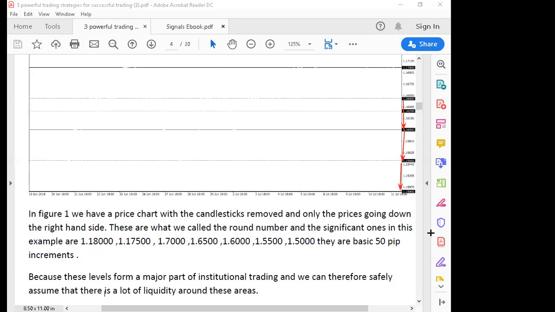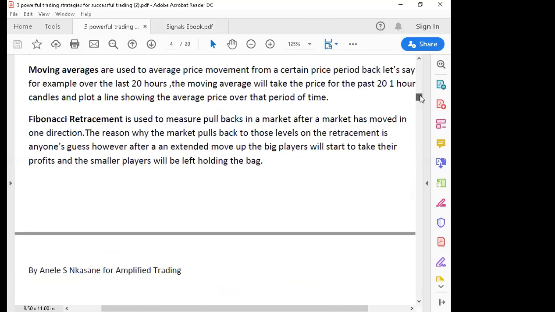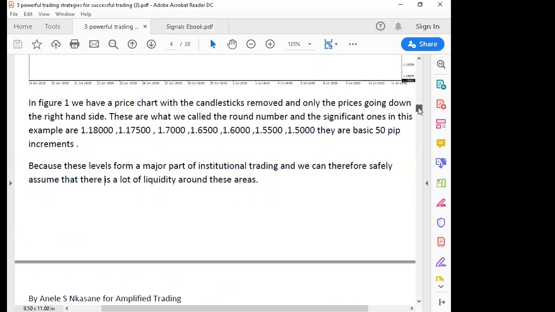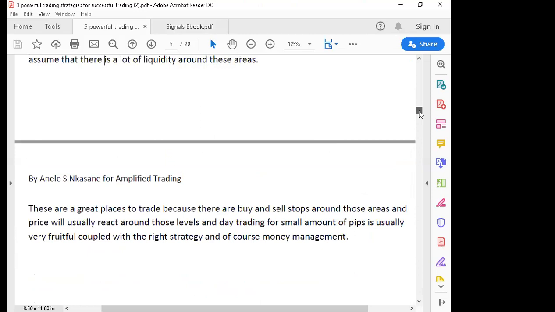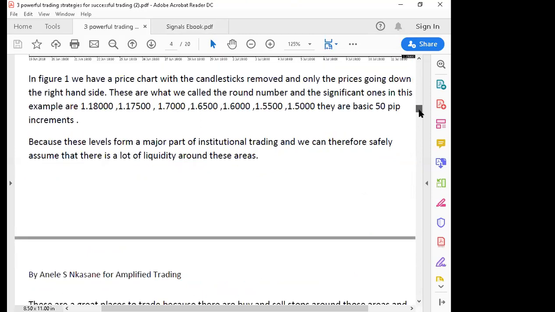So the reason why we look at these round numbers, so let me just plot in an example here. This is acting berserk right now. Let's just go to a blank area. So let's say we have a price level here.